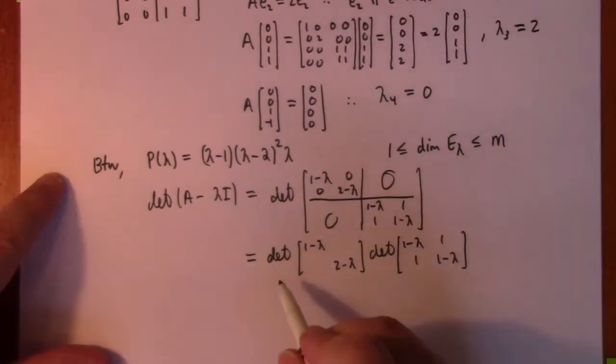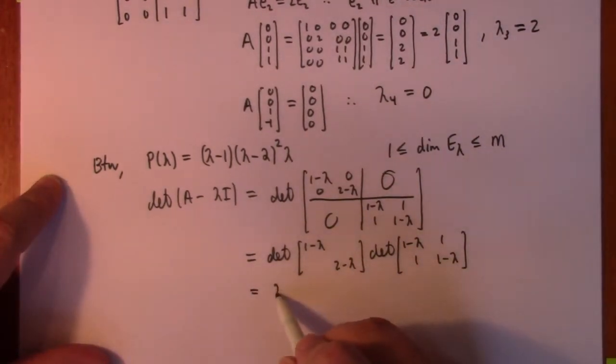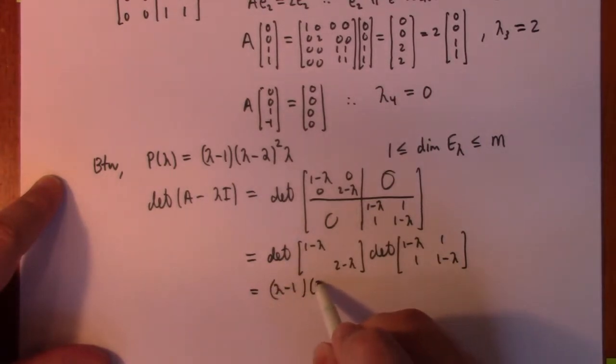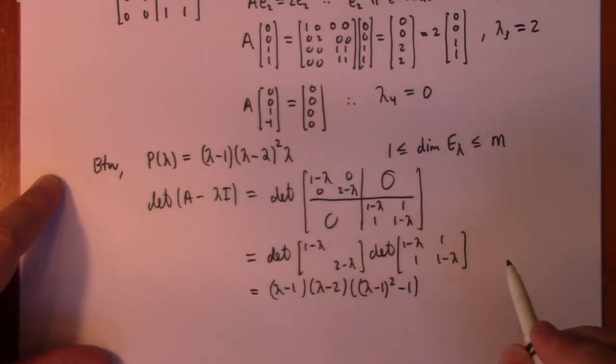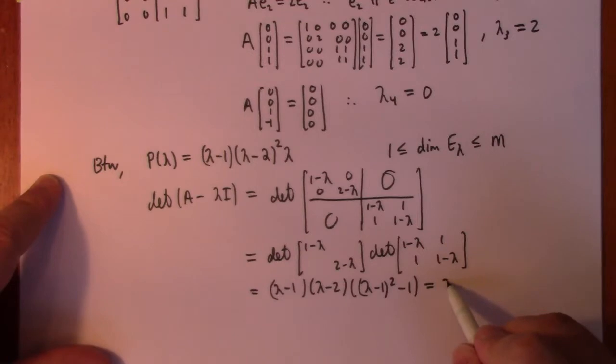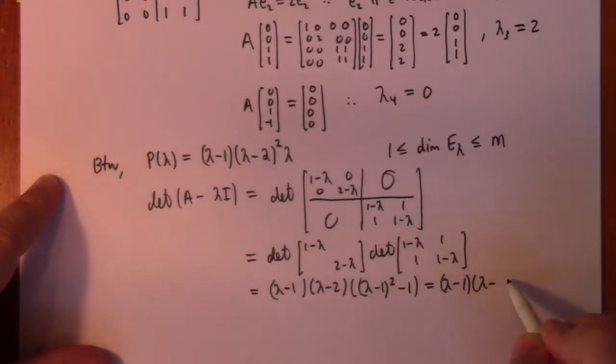Right, which is what? That's, of course, lambda minus 1 times lambda minus 2, and this guy is lambda minus 1 quantity squared minus 1, which works out to lambda minus 2 times lambda. So this picks up a square and you get the lambda, and there you go.